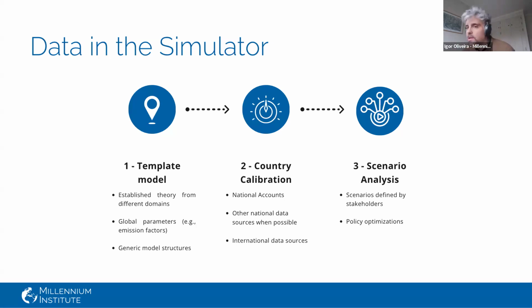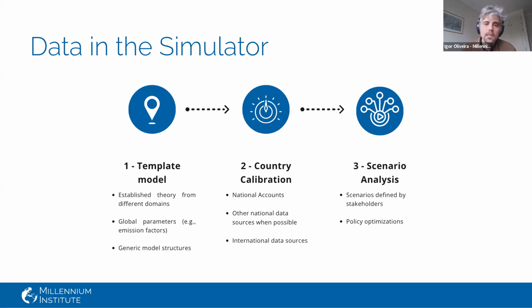So for that, we mostly use data that is available in international data platforms, including, in the case of national accounts, the IMF data platform, right? But in some cases, because there are holes in these international sources, or because the country really wants to use another source of data, it's necessary to use national data.